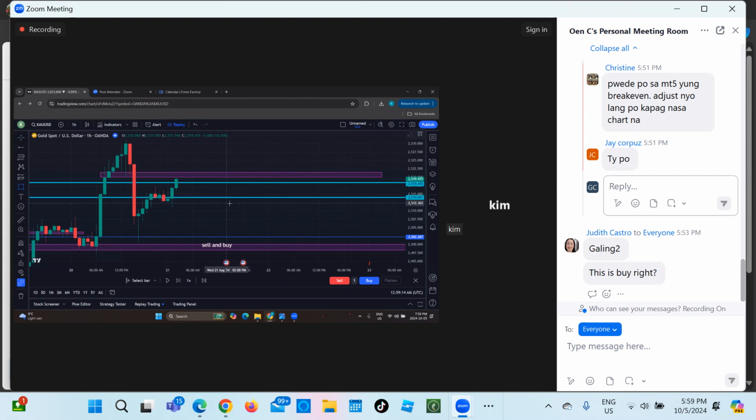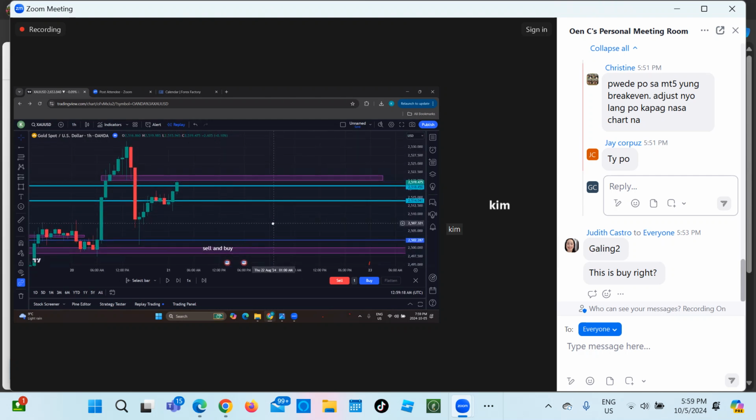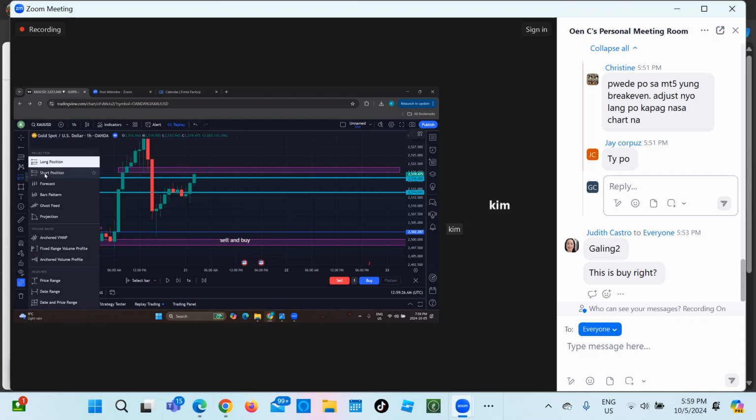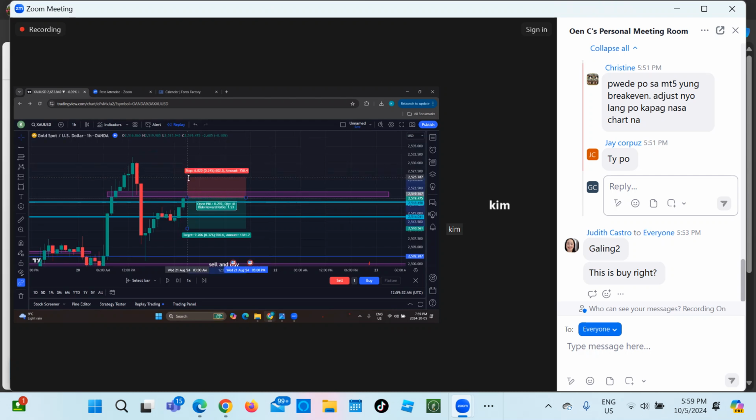So I would sell here around this area because my liquidity grab sa baba. I will place my stop loss around this area.